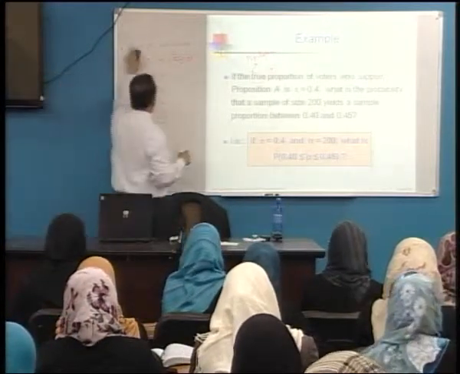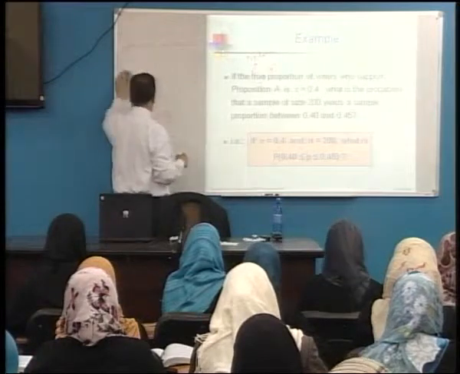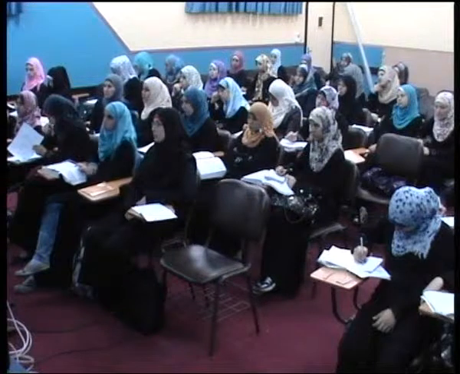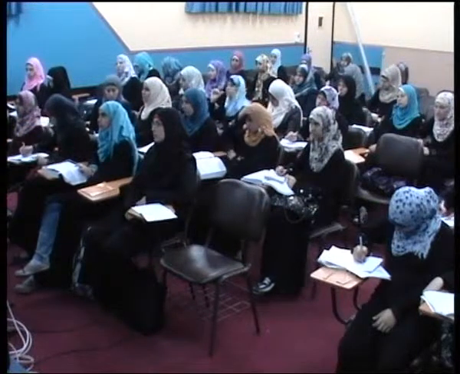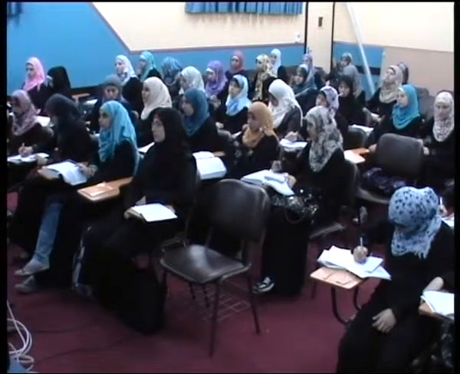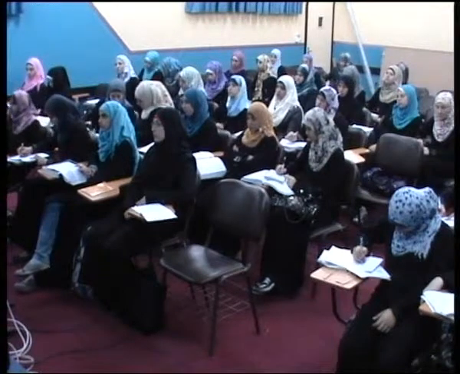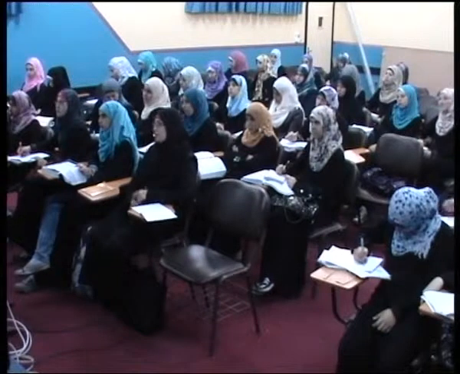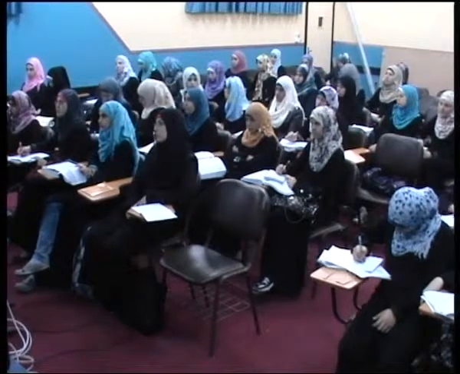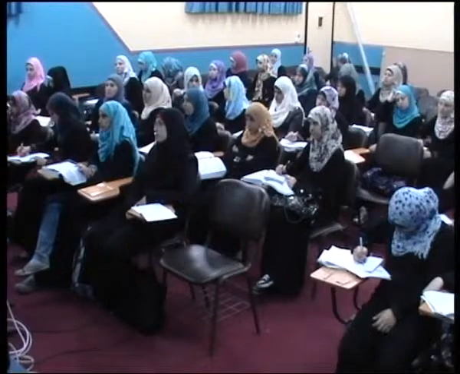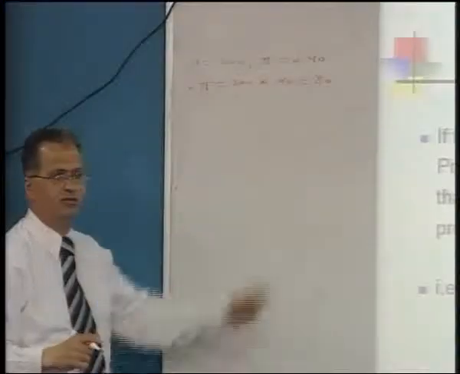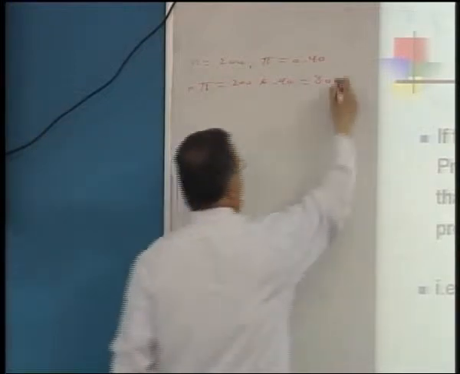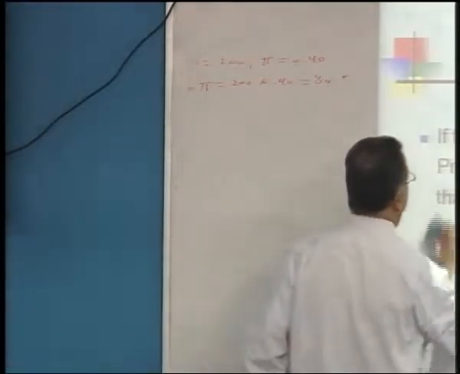Let's see first how we can check the two conditions. Now, n equals 200, pi is 40%, so n times pi is 80. 200 times 0.4 is 80. So the first condition is satisfied.